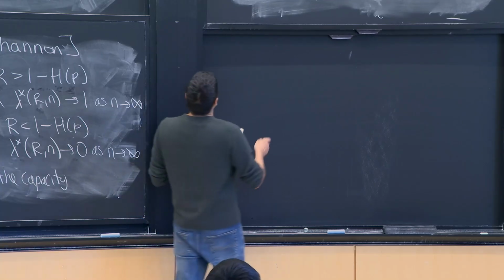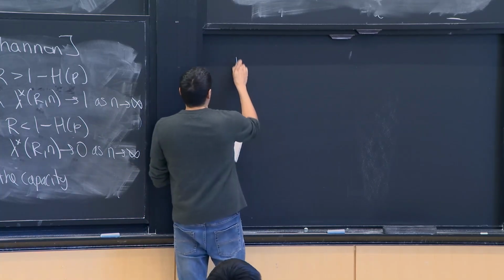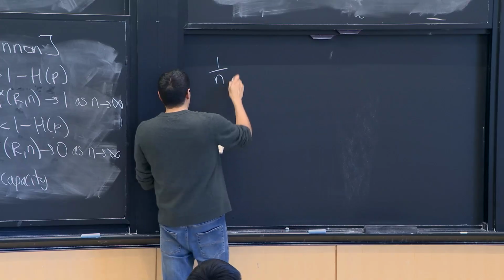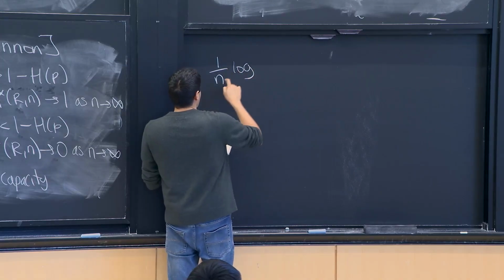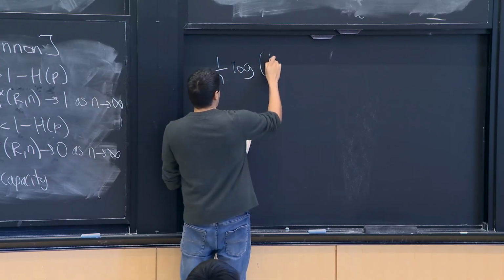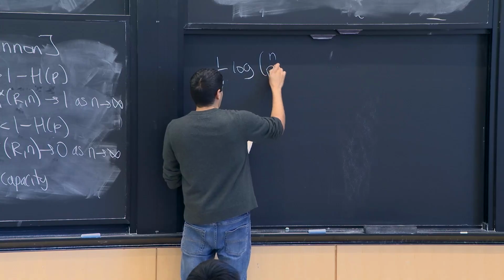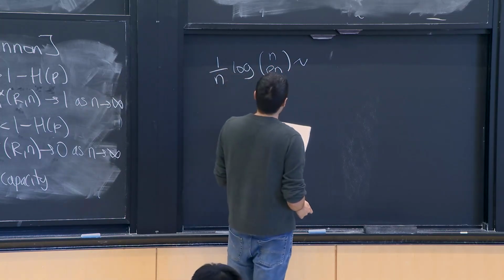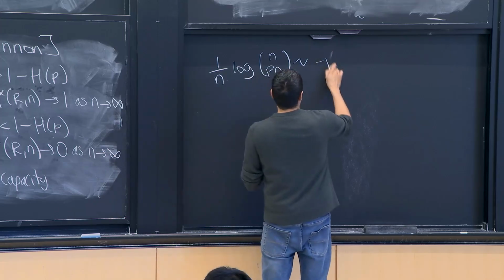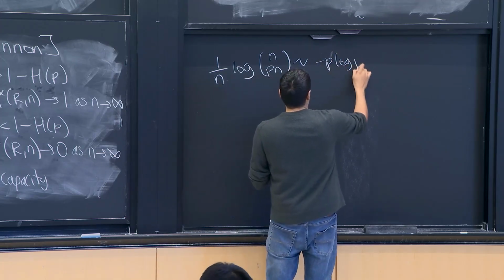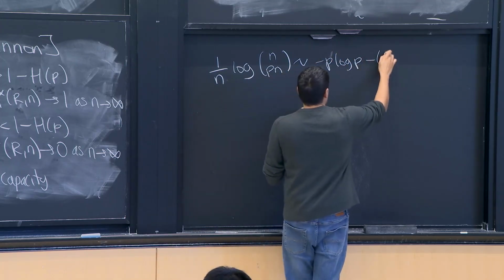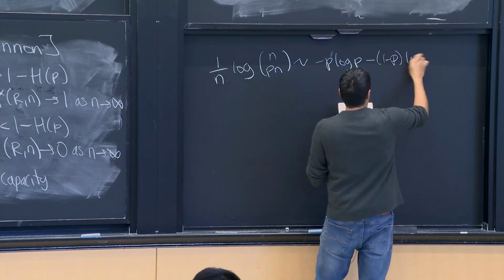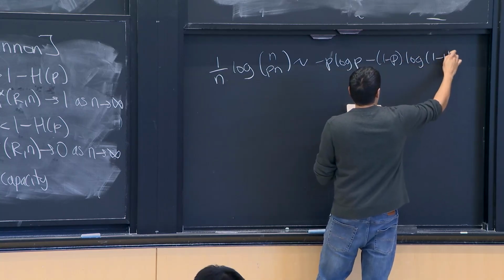And now I'm in good shape because I can take this expression and take the log and divide by n. So what this tells me is that 1 over n times log of n choose pn, well, this is exactly where the binary entropy pops out, right? So I get minus p log p minus 1 minus p log 1 minus p.